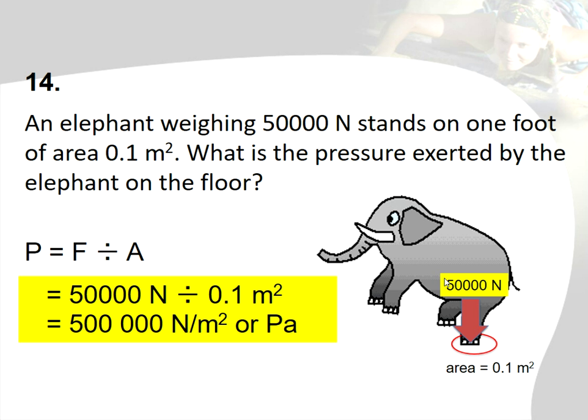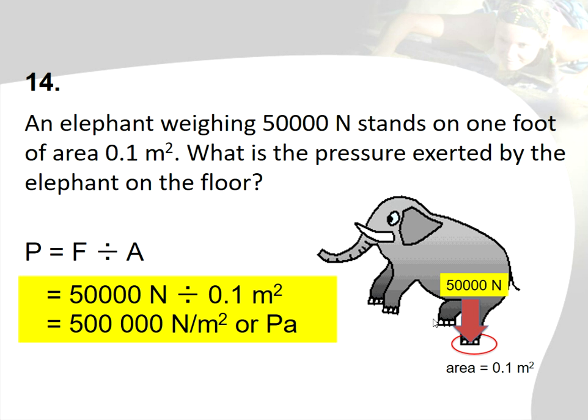No. Okay. Since all of you agree, then why is it so? Why is it that when all 4 feet are on the ground, the pressure is lower? Greater base area. So we divide by a bigger number, right? Pressure is now lower. Okay? So that's for this question.